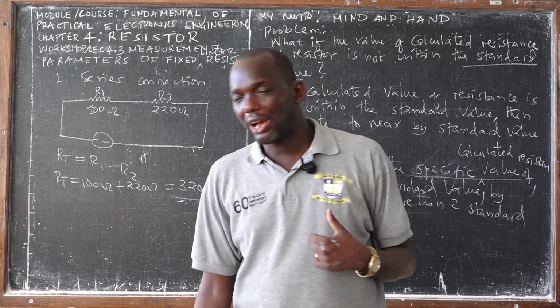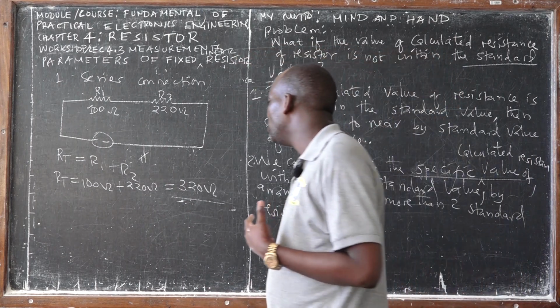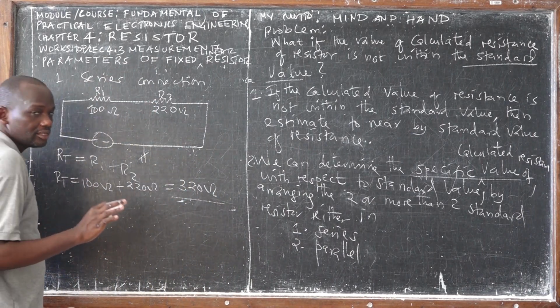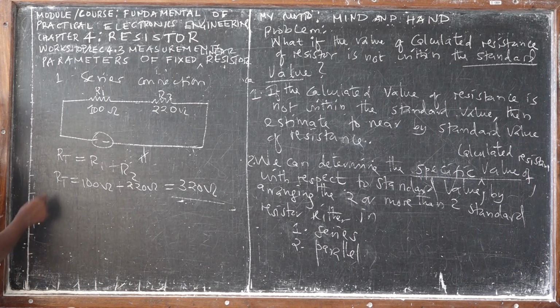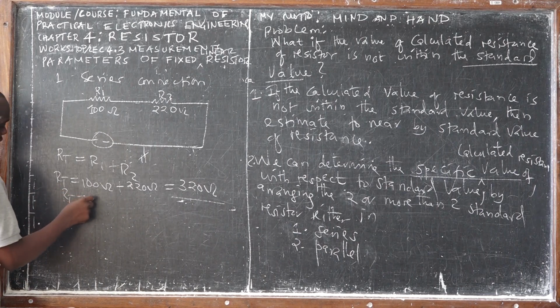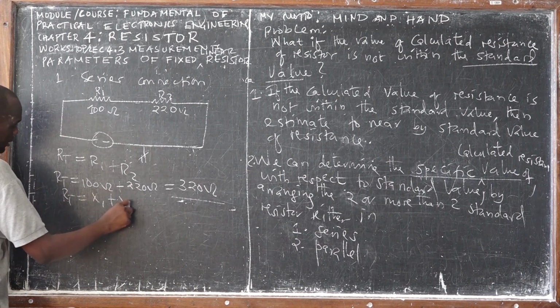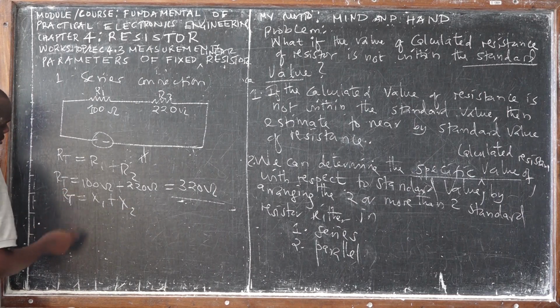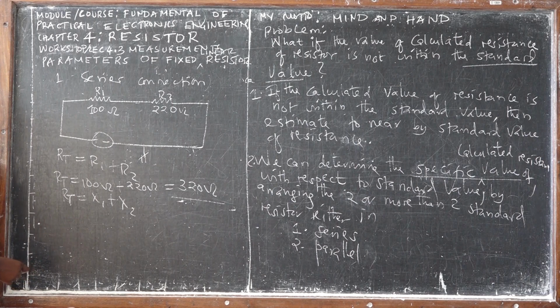If you have a calculated value and you have to choose standard resistors, the principle is this: RT is equal to, let's say, X1 plus X2. If you have two resistors, RT is equal to X1 plus X2. I want to explain this concept mathematically.